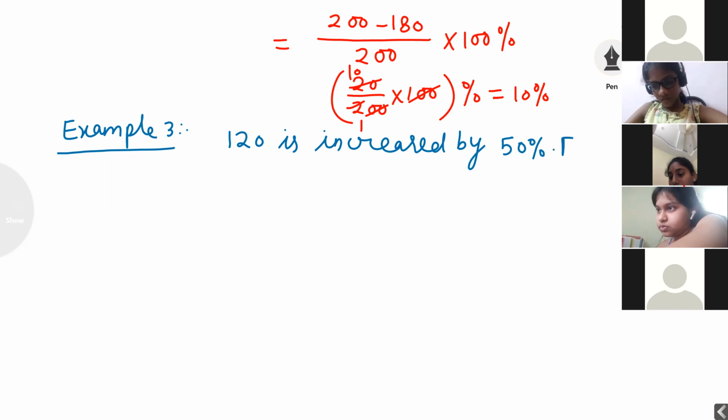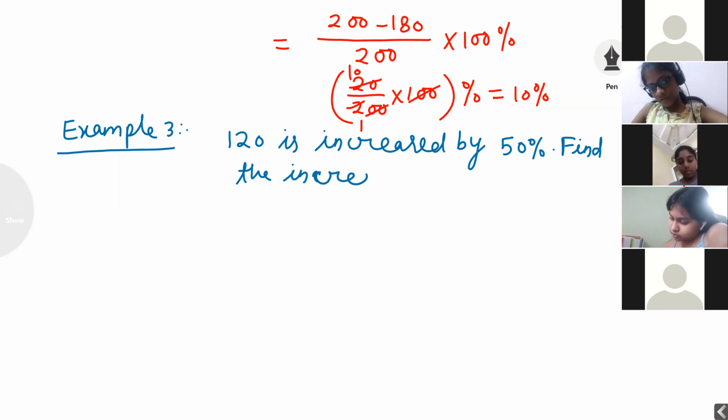Find the increased amount. Very easy question.